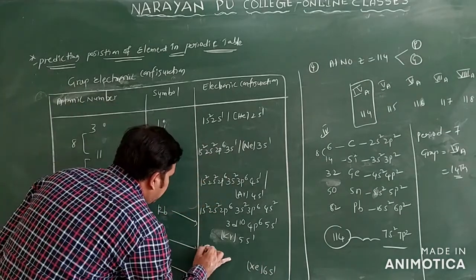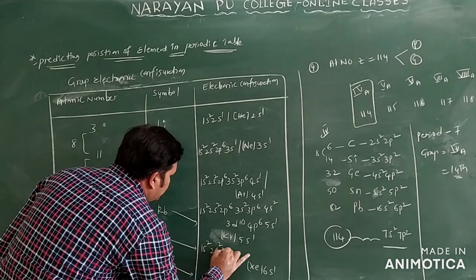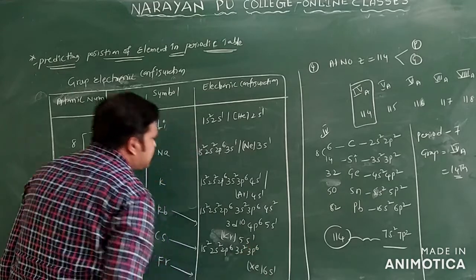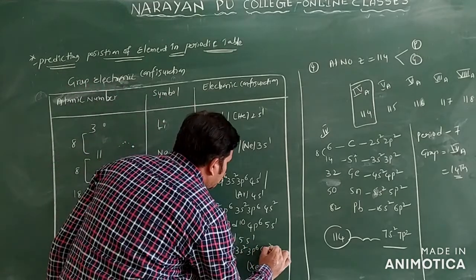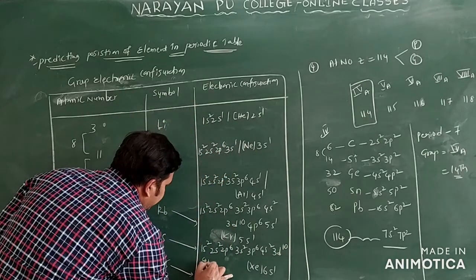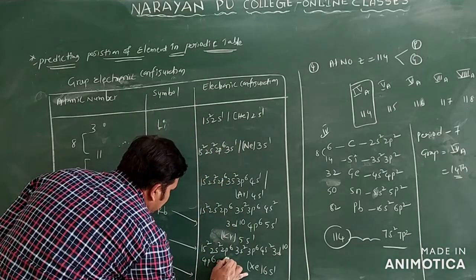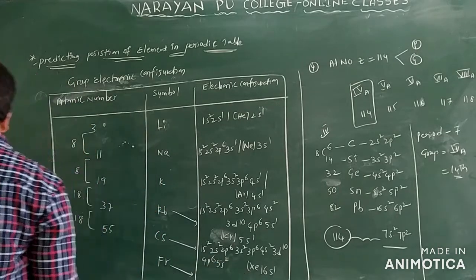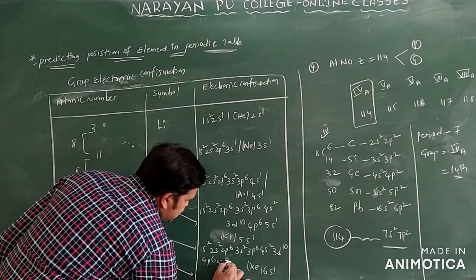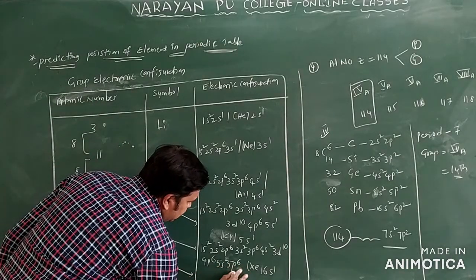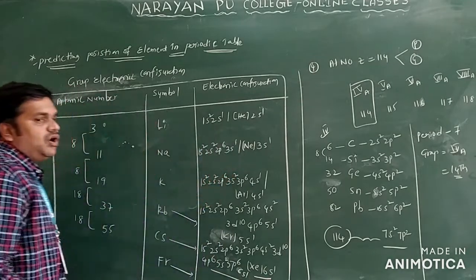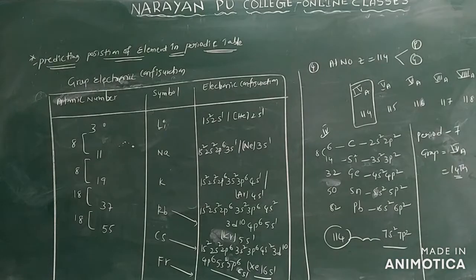You will get 1s2, 2s2, 2p6, 3s2, 3p6, 4s2, 3d10, 4p6, 5s2, 5p6, 6s1. This is the configuration. Finally you will get xenon 6s1 only.